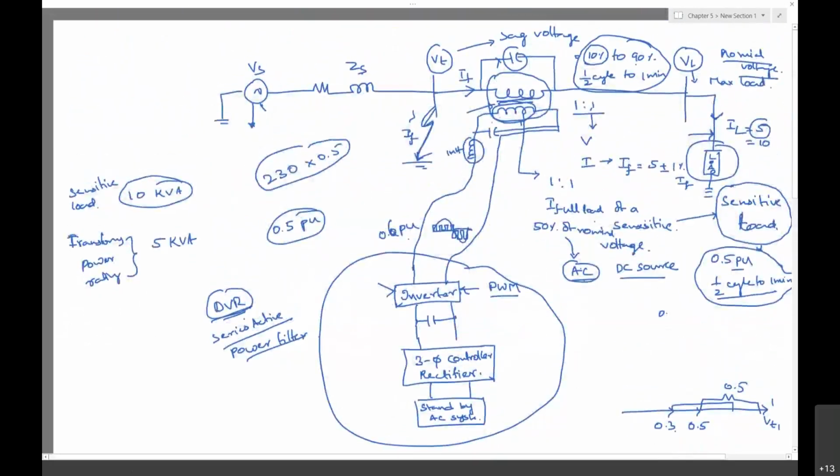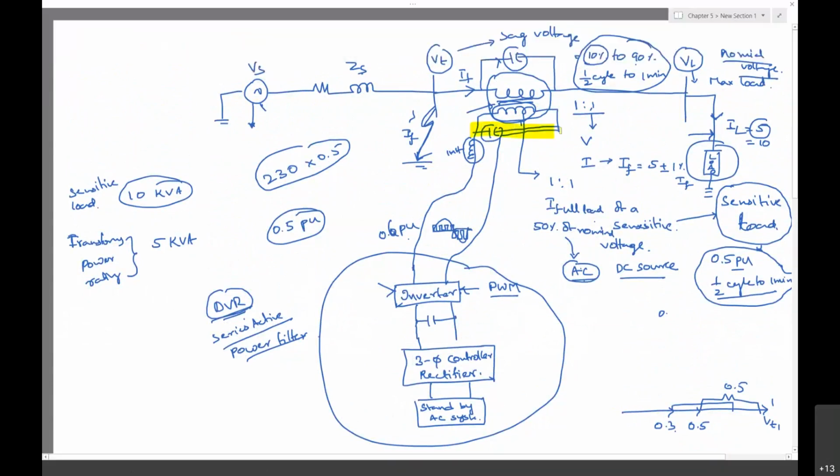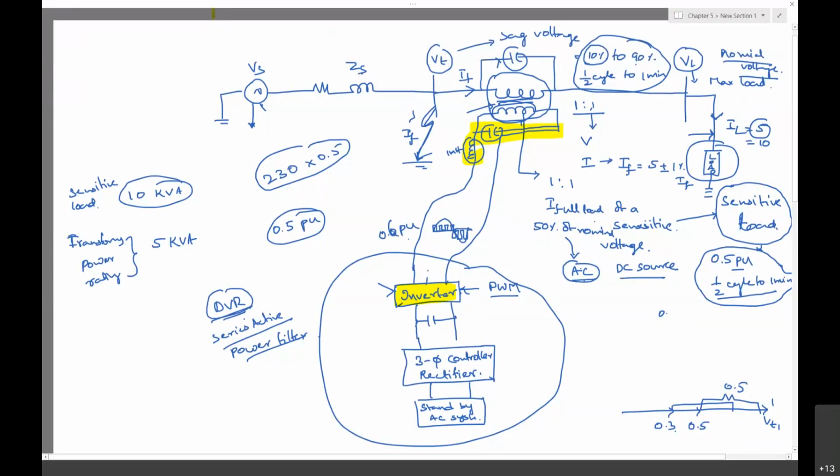Then, this particular design of the filter, which is an LC filter, I'll come back to the design of the filter also if time permits. Generally, whatever the inverter is injecting, the injected voltage frequency is 50 hertz only.